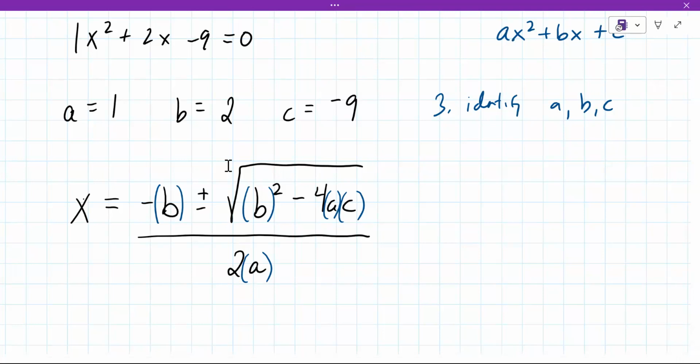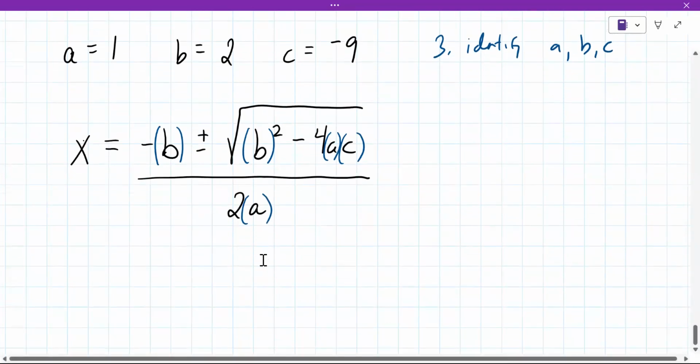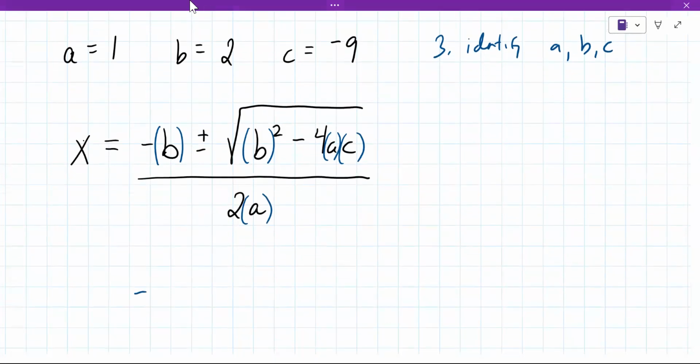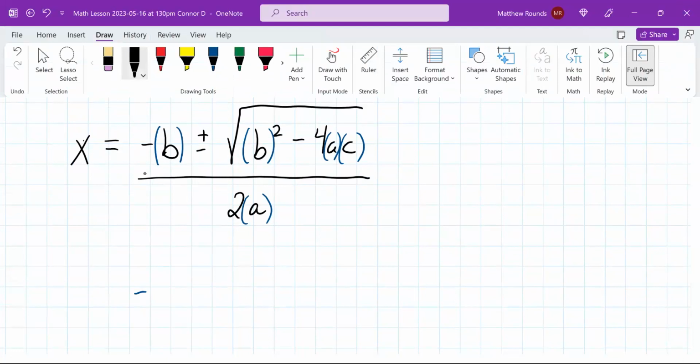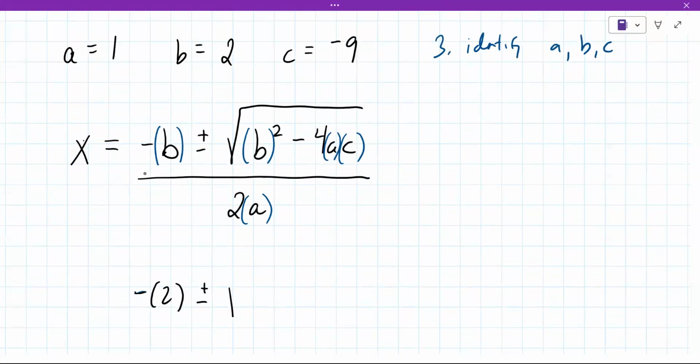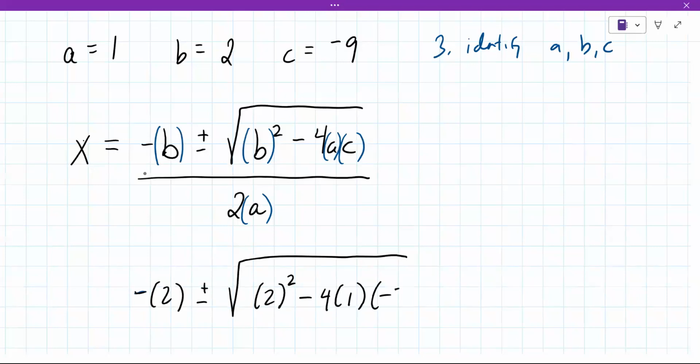Okay, and I'm ready to move on. All right, so we're going to put the numbers in. It's minus, parentheses 2, plus or minus square root of 2 in parentheses squared minus 4 times 1 times -9, all over 2 times 1.